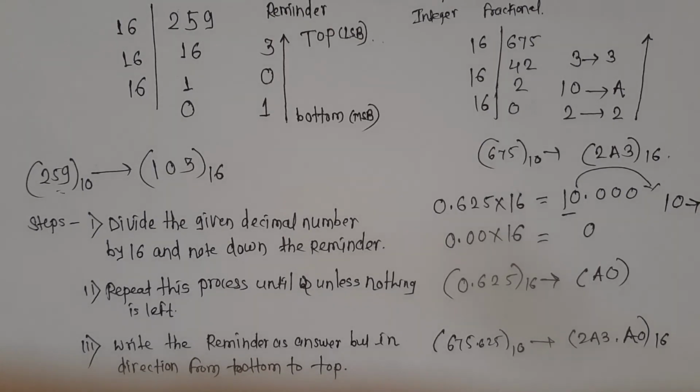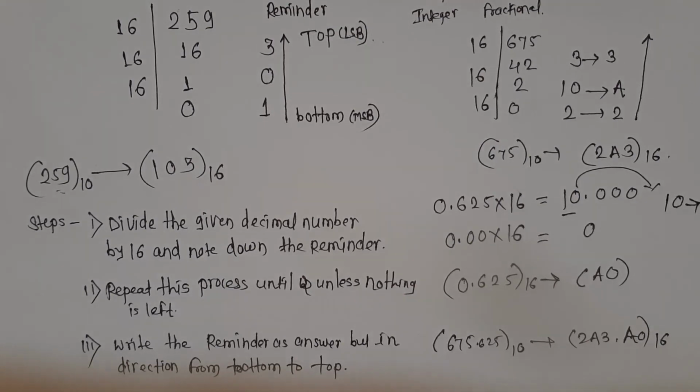We observe that in all 3 conversions the method is the same, only one factor changes according to the number system. So it is very easy to remember. In the integer part, the answer is nothing but the remainders, in the direction from bottom to top, and we divide the given number by the base of the system in which we are converting.